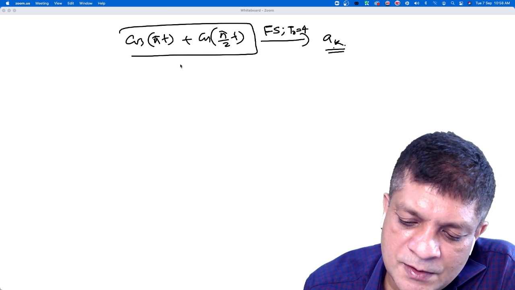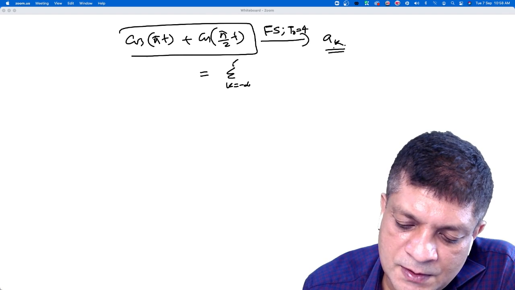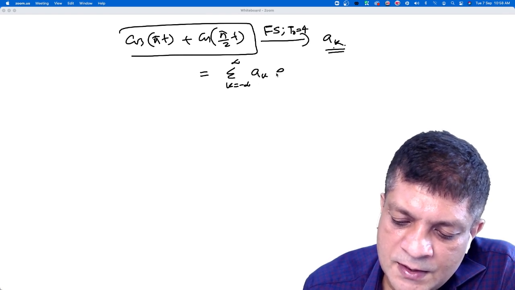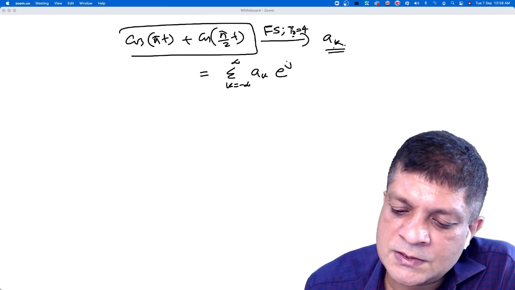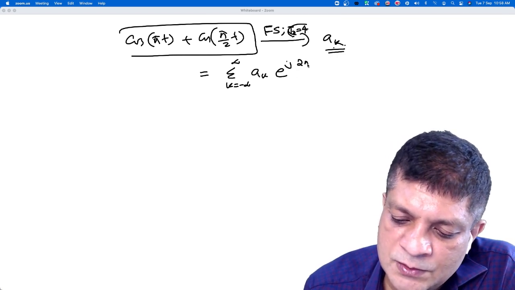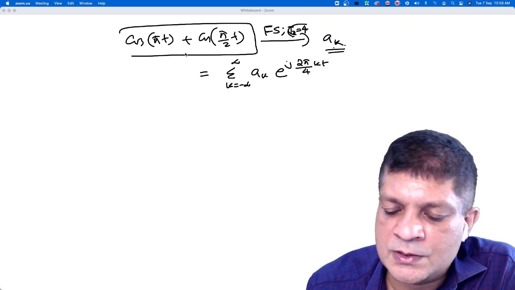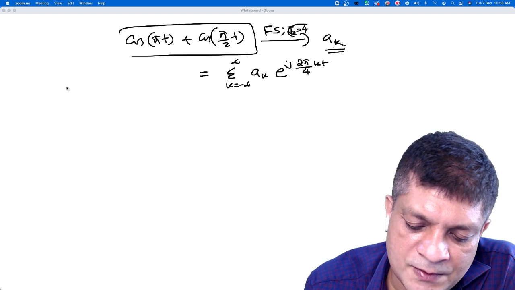This means what? This can be written as summation over k from minus infinity to infinity a_k e to the power j, if we are considering Fourier series with respect to period 4, we can write it as 2 pi by T naught, that is 4, k t. Now equate these two. What is on the left hand side?